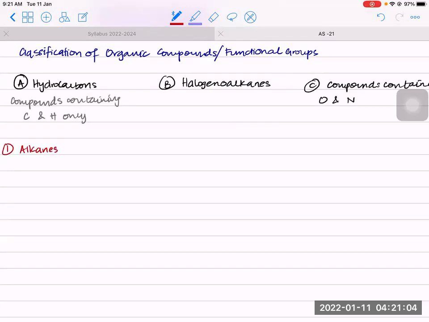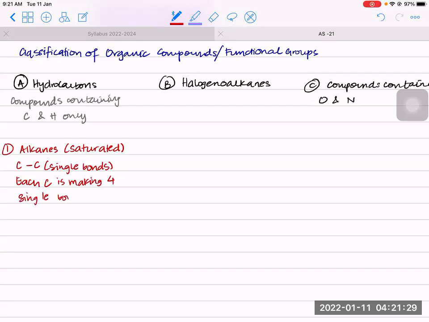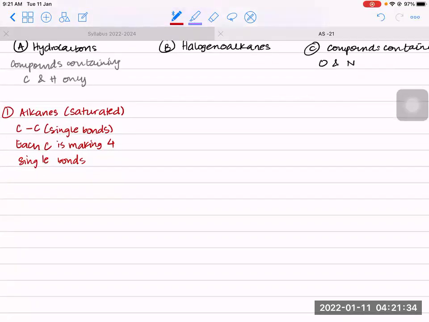Now, what are alkanes? Alkanes are called saturated hydrocarbons. Why do we call them saturated hydrocarbons? Because you have carbon-carbon single bonds, and each carbon is making 4 bonds. They're unreactive because they are saturated in nature.